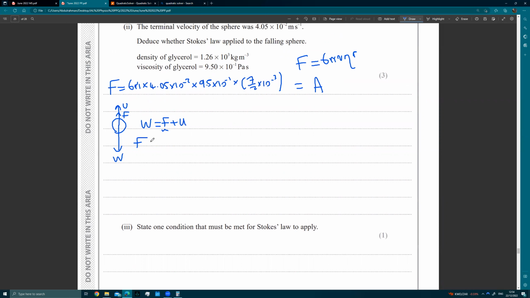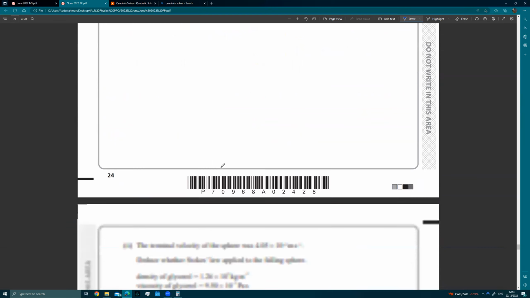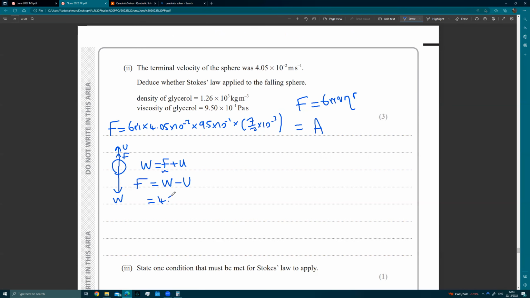So F is equal to weight minus upthrust. And the weight was 4.76 times 10 to the minus 3 minus the upthrust. We know upthrust is the weight of the fluid displaced.